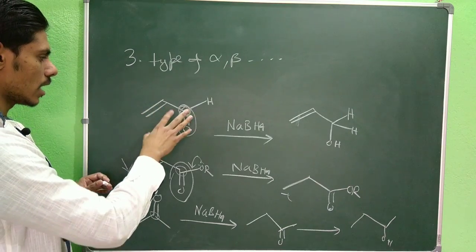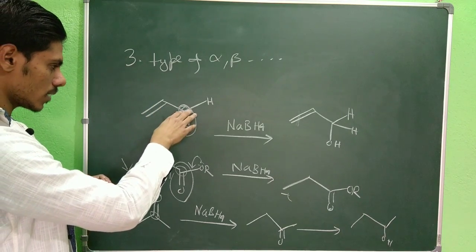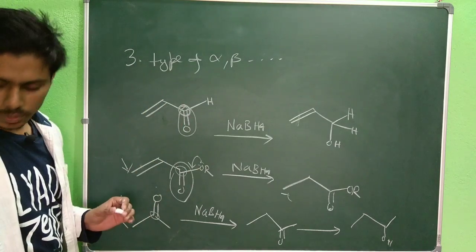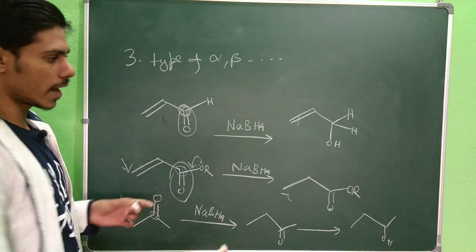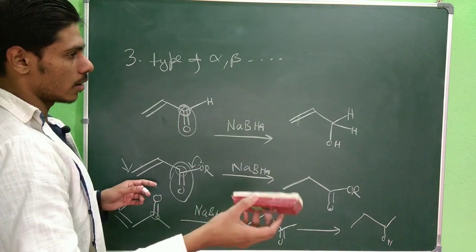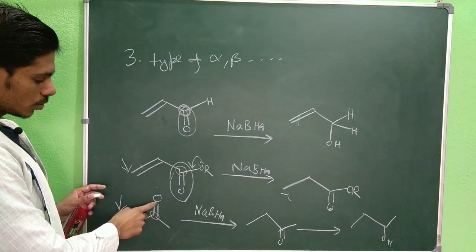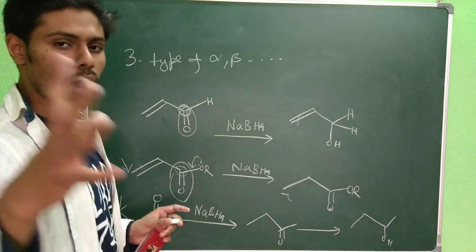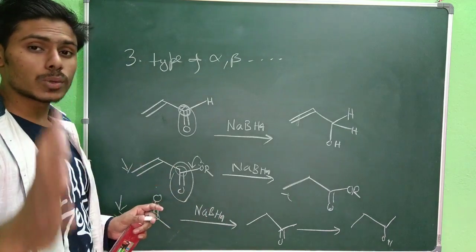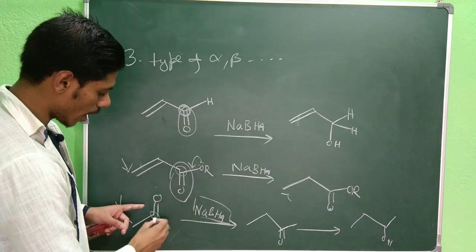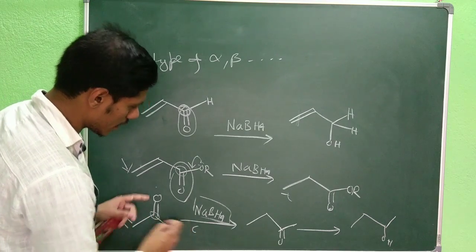So you can see how the type of the electrophile, or the type of the alpha beta unsaturated carbonyl compound, determines whether a reaction will be 1,4 addition or 1,2 addition. And in case of ketone, you can get the exclusive 1,2 addition product with sodium borohydride also, but for that you have to use cerium chloride.